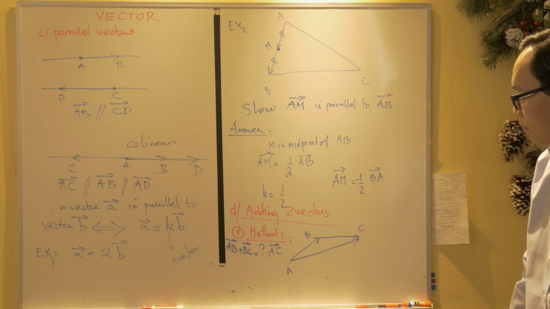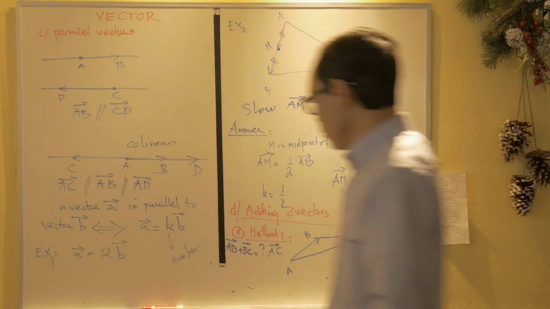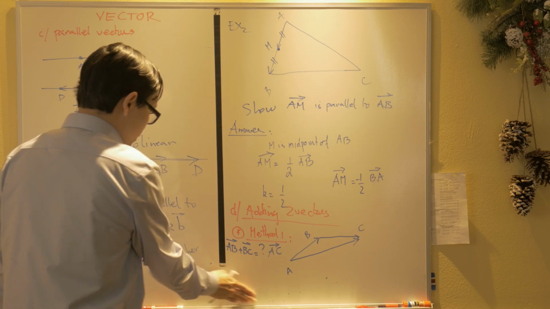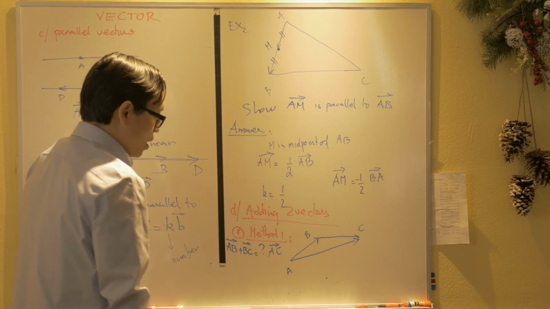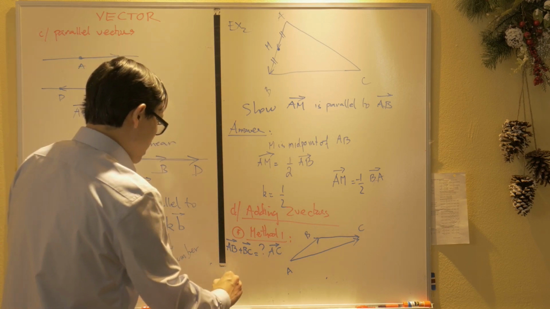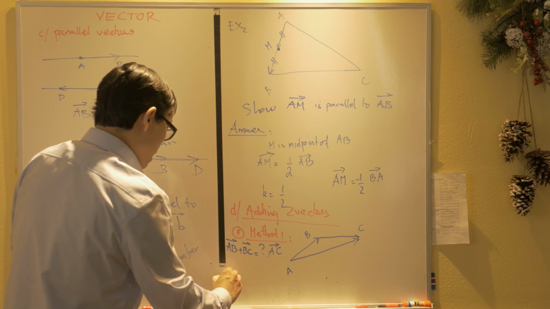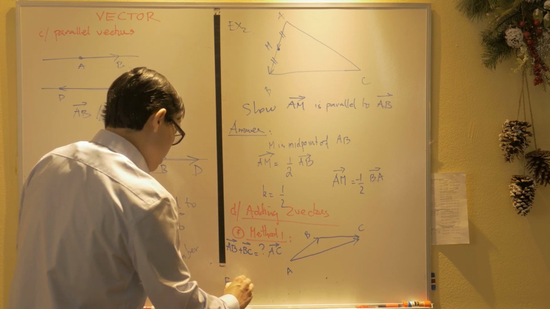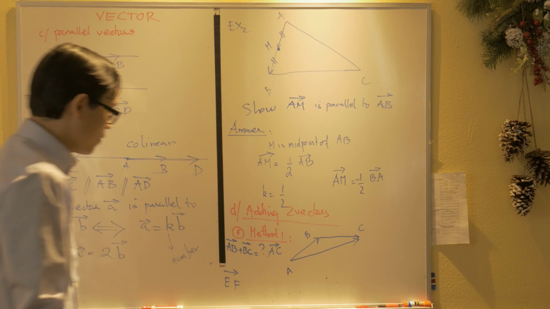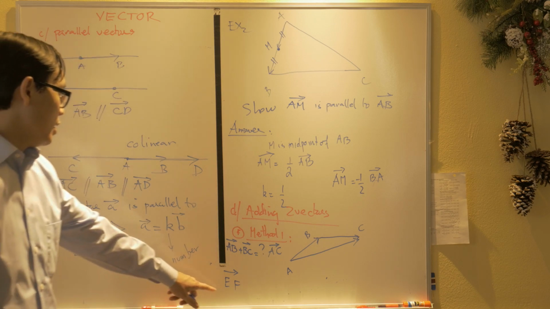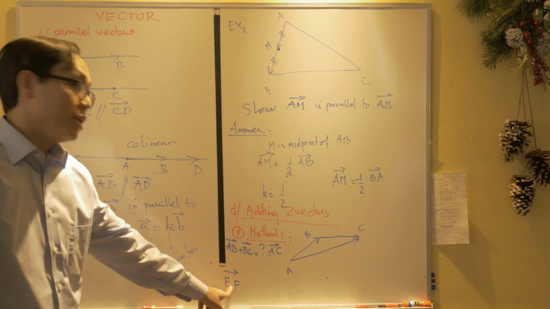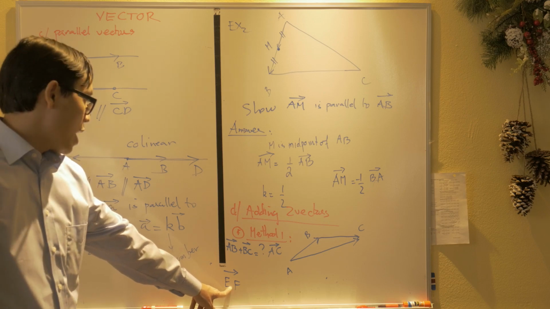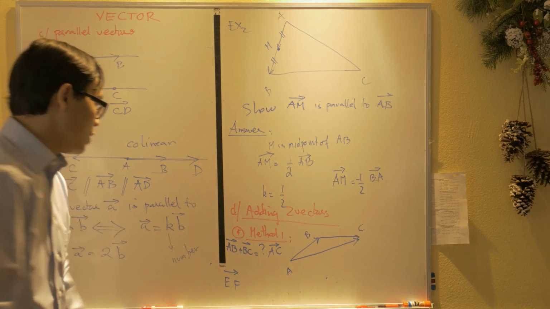Then from here, if I give you a vector, for example vector EF, I can insert a letter in between so that I can split vector EF into two vectors.